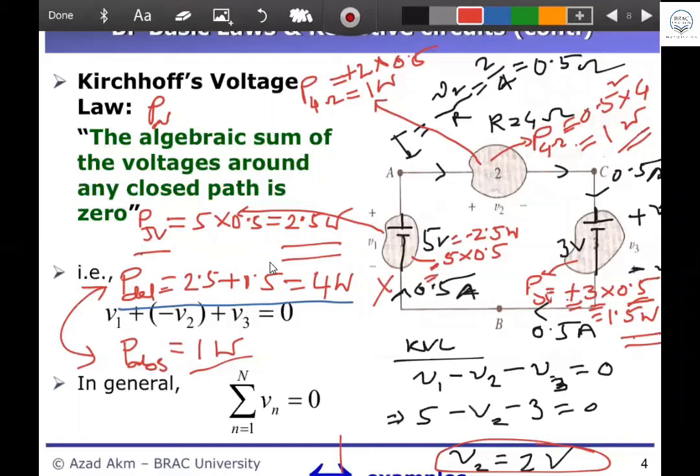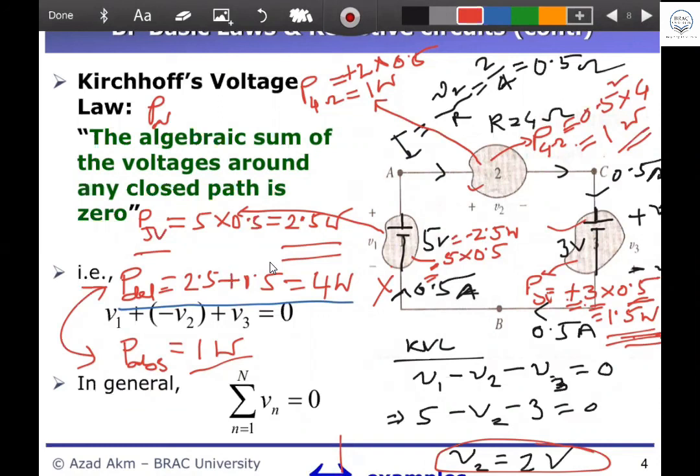That's why it is negative. And this one follows the associated law, and that's why it is positive. These are the two different things, the 5-volt and 3-volt batteries. And the resistance is always there. So you are getting positive power over here as 1.5 watt, and the delivered power you are getting is minus 2.5 watt.